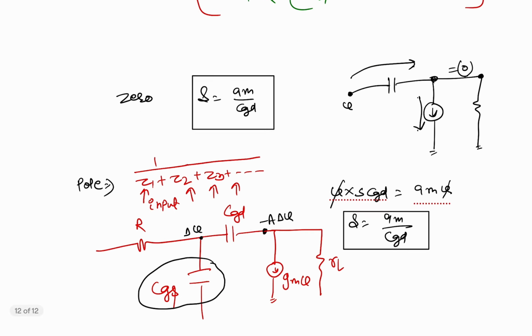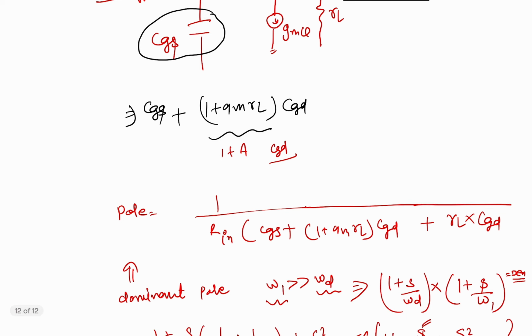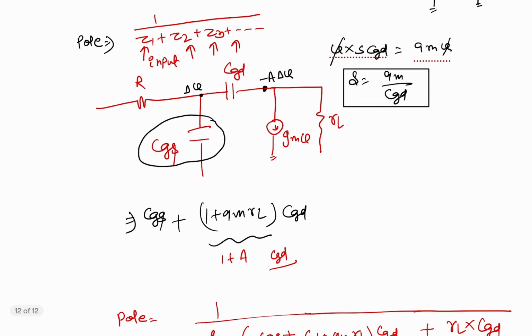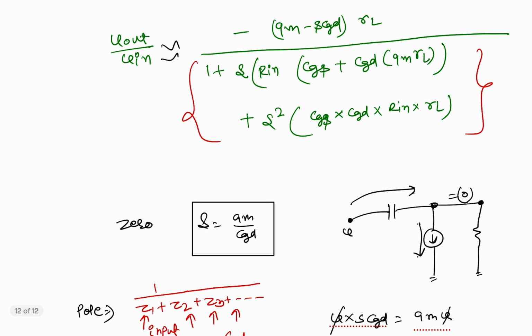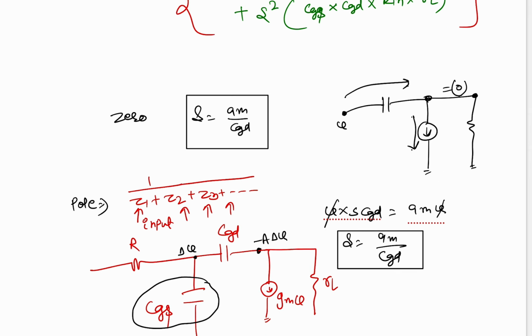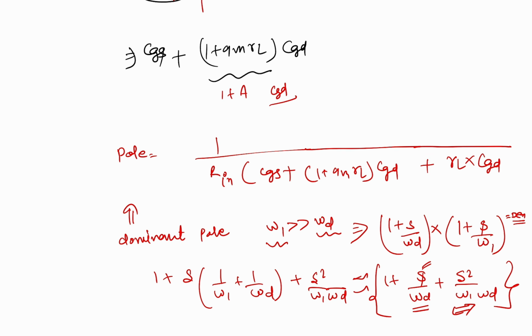So from there you can find out the first pole, and the second pole you can find out through the coefficient of the non-dominant term.